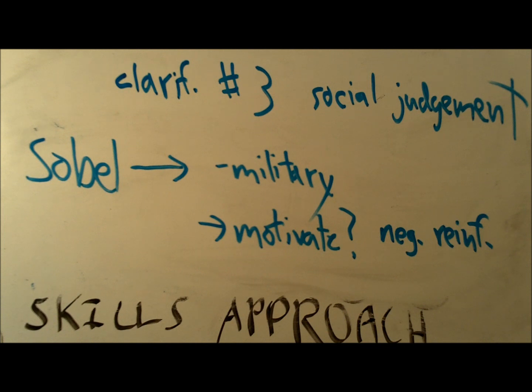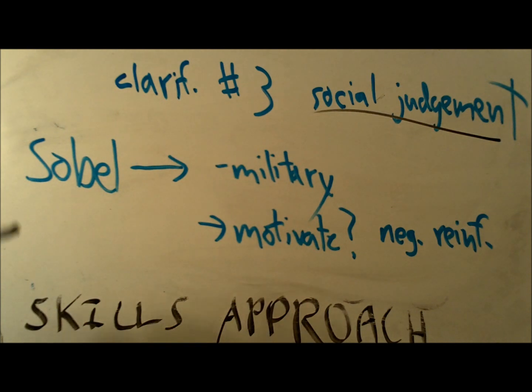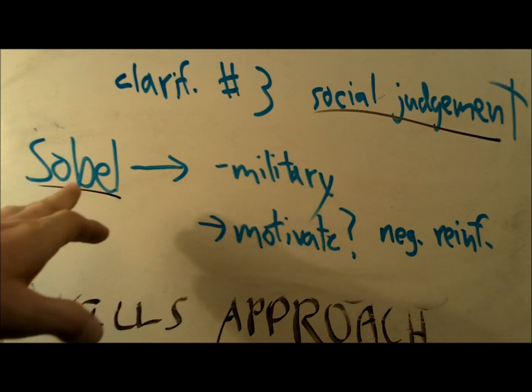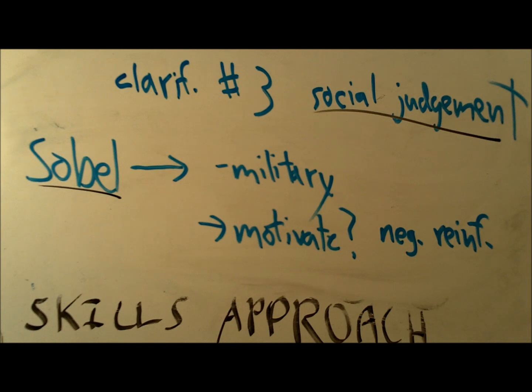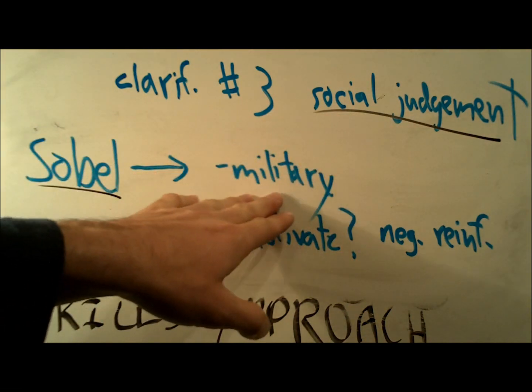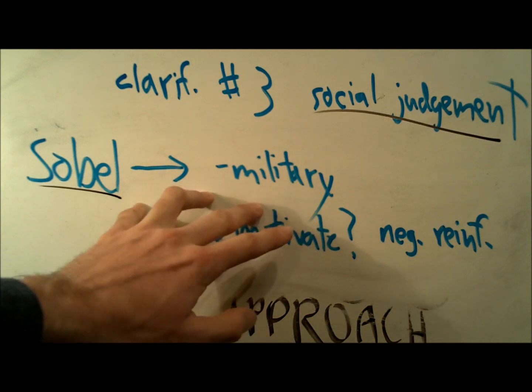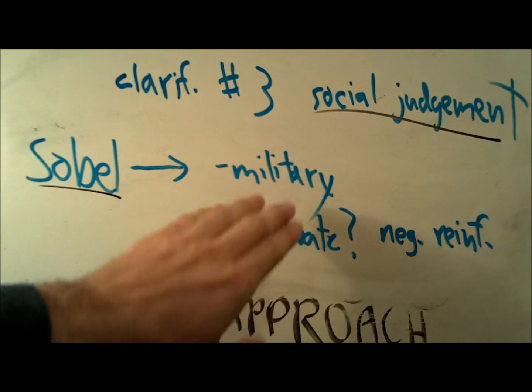And really quickly, before we move on to the next set of clips, we're going to go back to clarification number 3. In this case, we're going to be clarifying some examples of social judgment from Captain Sobel's performance here. So, he's in the military, so his social judgment might not need to be as high as it would be otherwise, because he already has respect from all his men and they will follow his command.